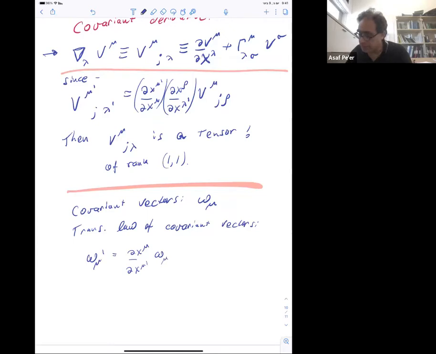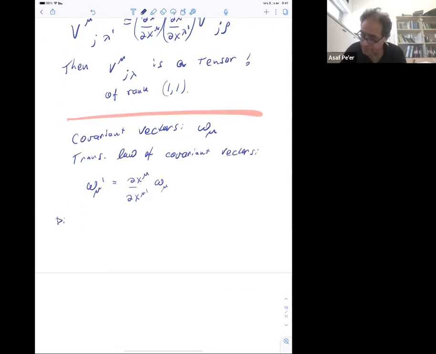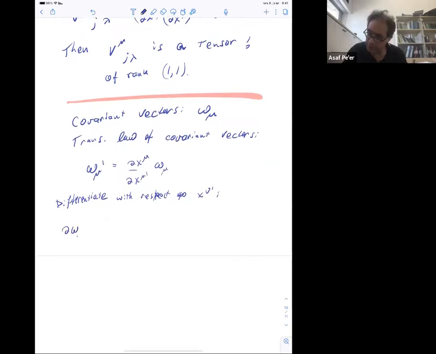Again, we want to take the differentiation: d omega mu prime over dx mu prime.